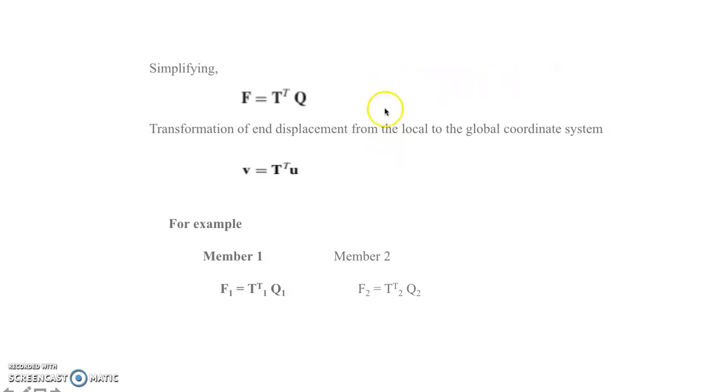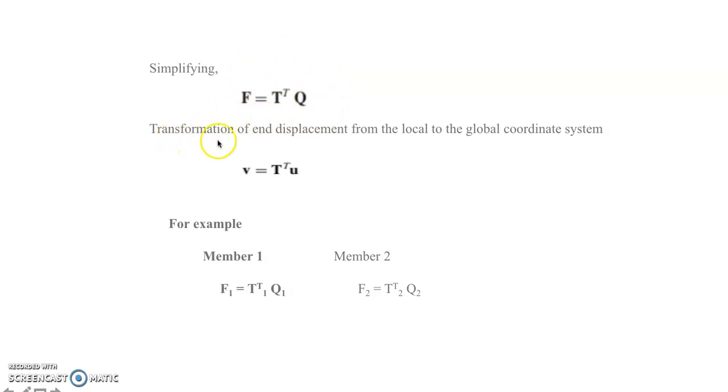So first column will now be equivalent to the first row, second column will be equivalent now to the second row, third column will be equivalent now to the third row, and so on. So that is the value for the transpose of the transformation matrix. This is now the equation for our transformation from local to global coordinate system.